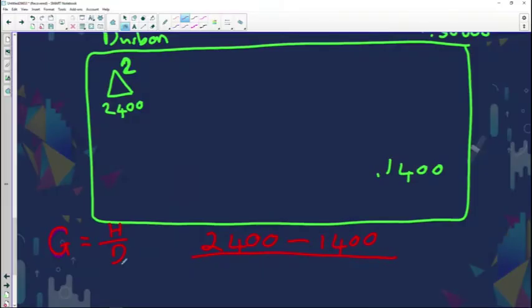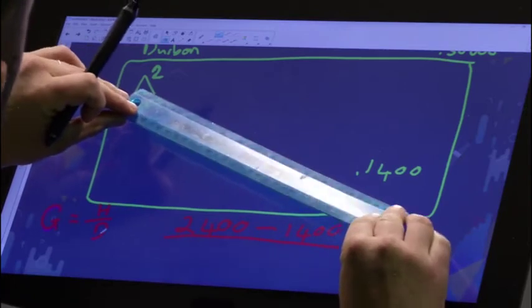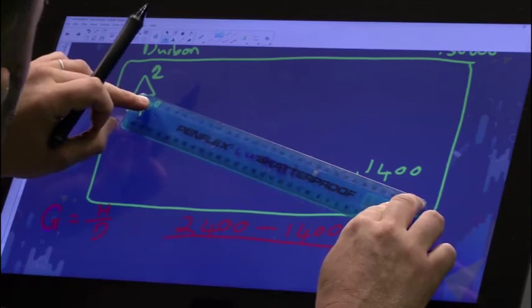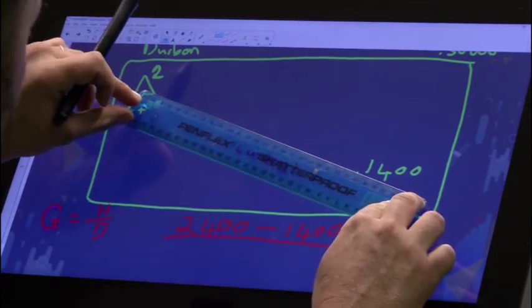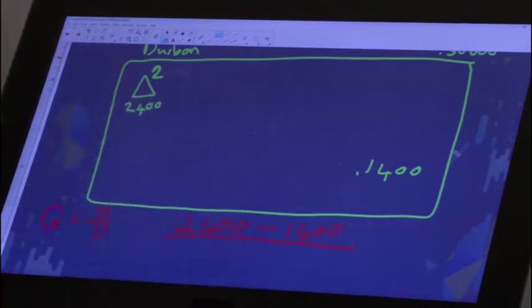Now, if you look at the formula, the D represents distance. So you use your ruler and you measure the distance between the tree beacon and the spot height. As you can see, it's 23.5 centimeters.